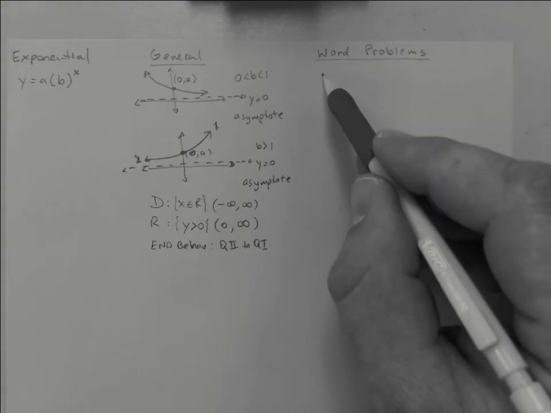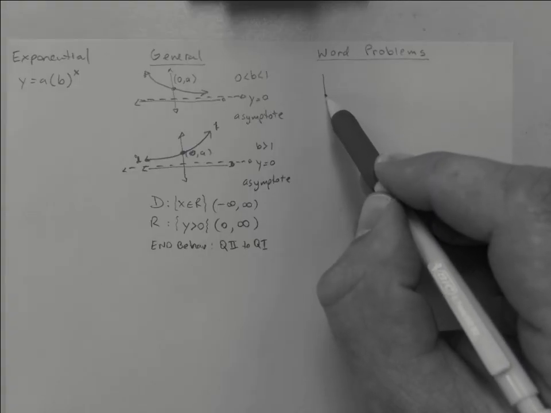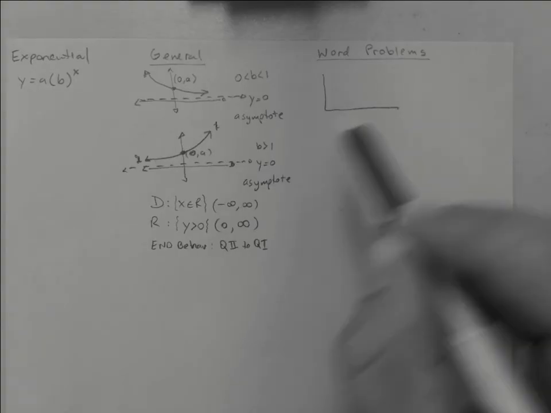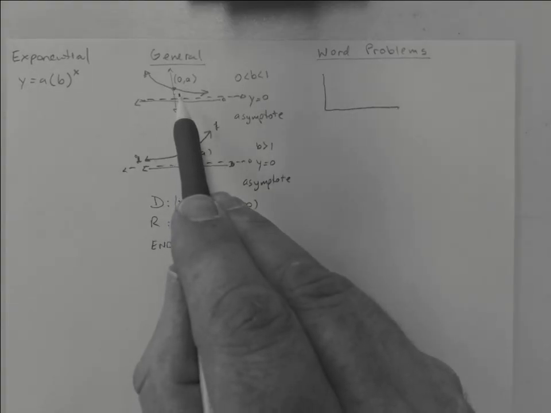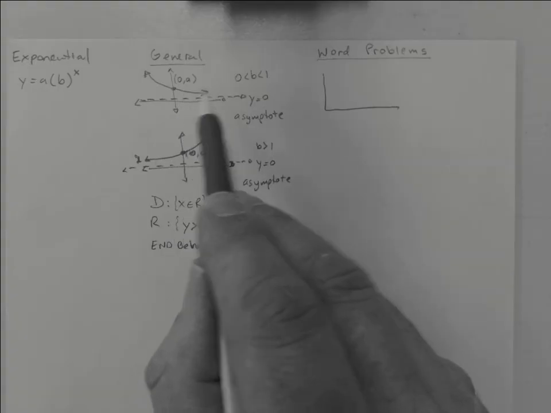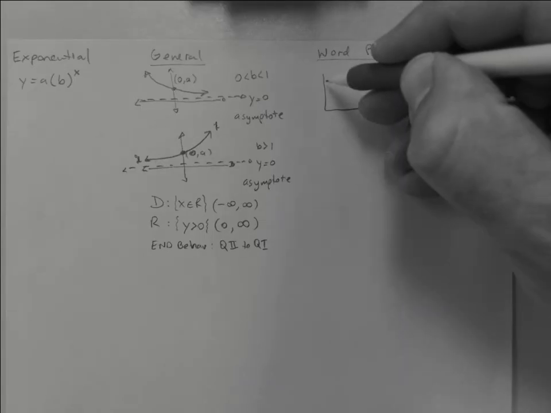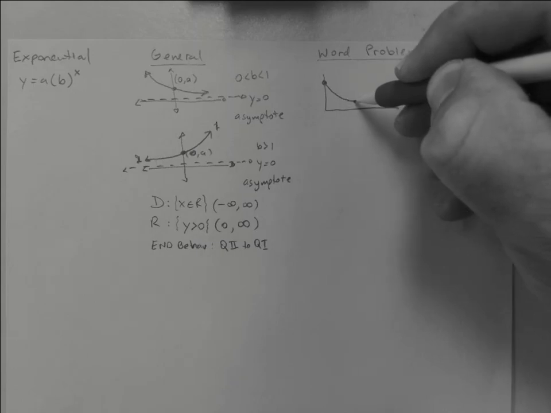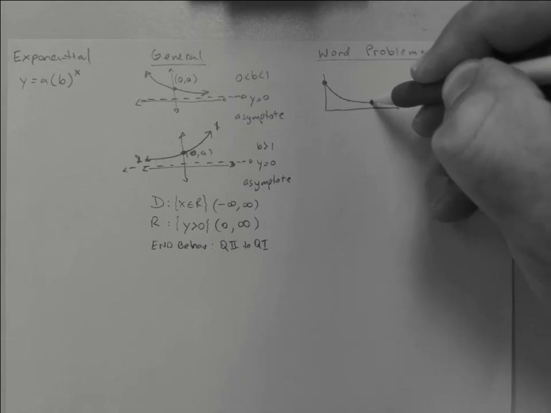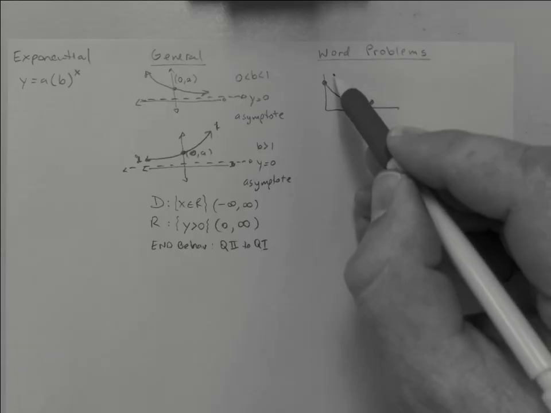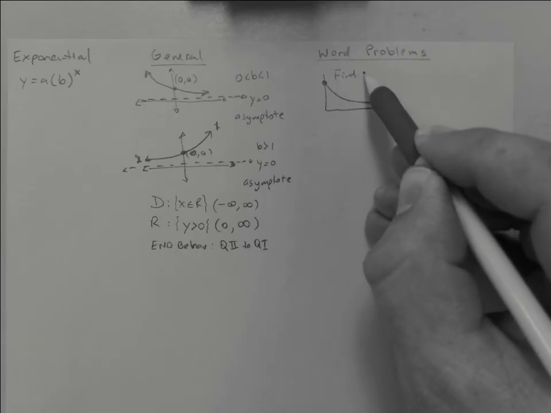Word problem, everything changes. This scenario here, right? Because your equation is gonna look the same, but they're gonna put it in a word problem. You're gonna have to find the y-intercept, and then you move towards the x-axis. Okay. Find y-intercept.